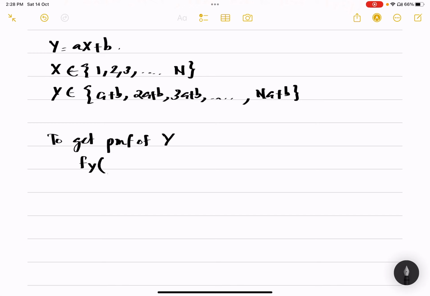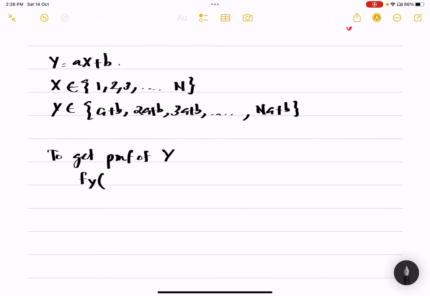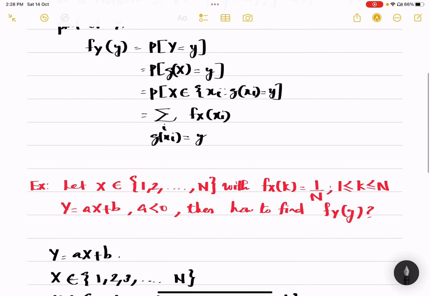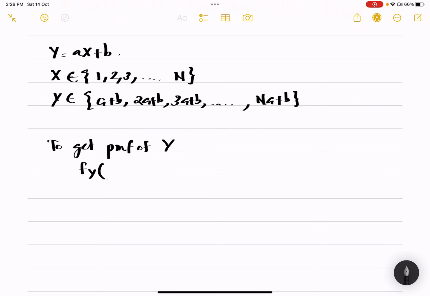So we have y is equal to, this can be written as b plus ka, is equal to fX of k is equal to 1 by n, for 1 less than or equal to k less than or equal to n.